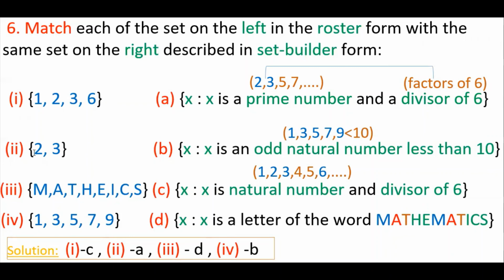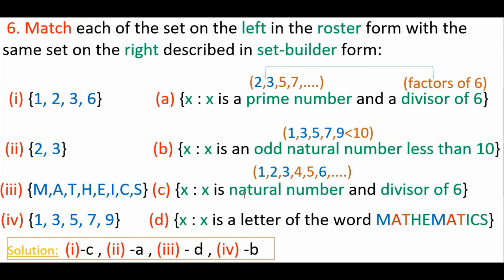Okay, so this is 2, A. See here, 2 and A. And the next one is x is an odd natural number less than 10. Odd natural numbers are 1, 3, 5, 7, 9 less than 10. These are the numbers. So B, 4 and B. Next one is x is a natural number and a divisor of 6.